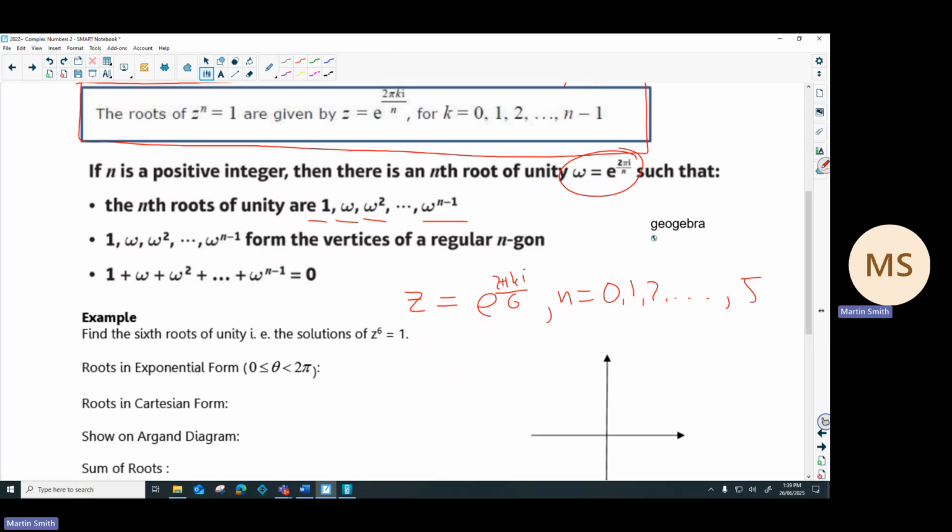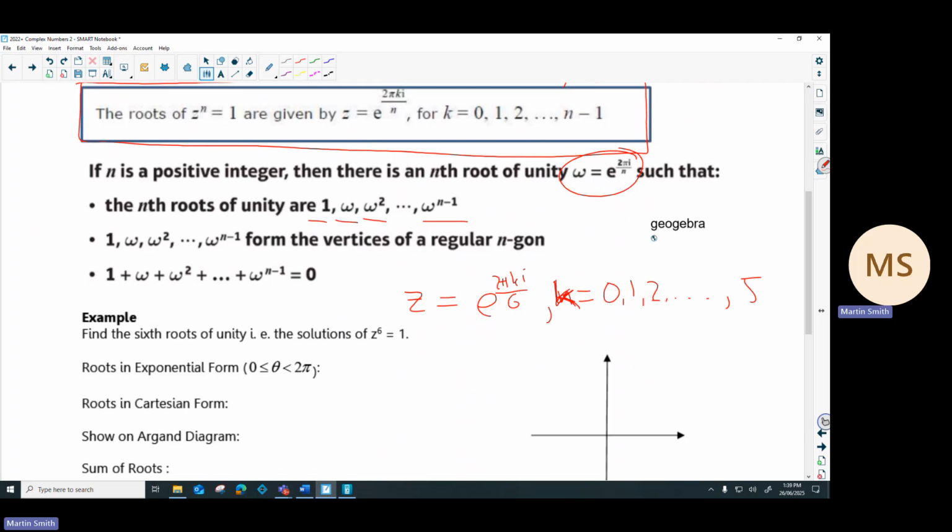That's what that formula gives you. So consequently, writing them down in exponential form, n is 6, k varies from 0 up to 5.